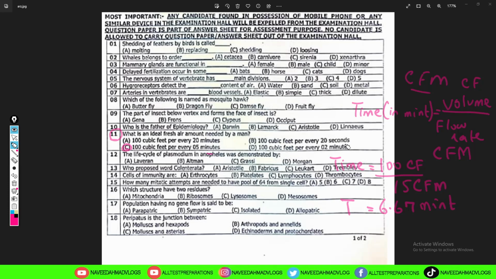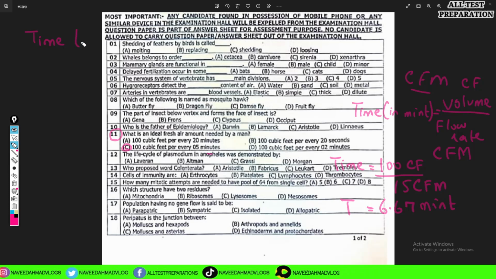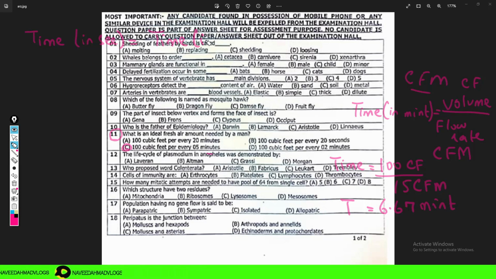And if you want to find the time in seconds, you can also find it. So time in seconds is equal to time in minutes, which you can find through this formula, multiplied by 60. So you get 400 or roundabout seconds.